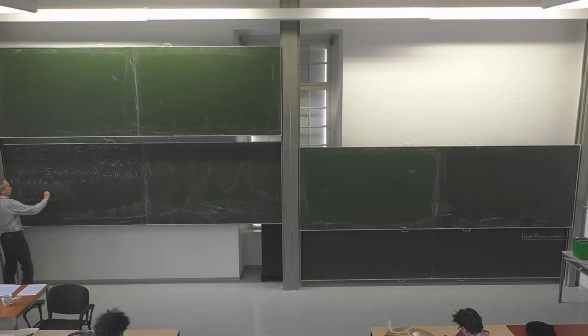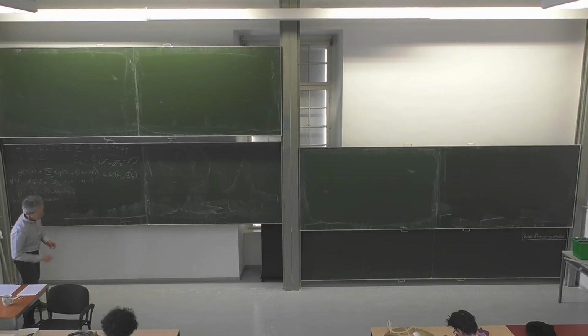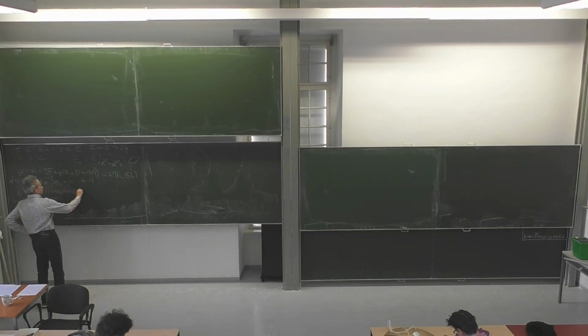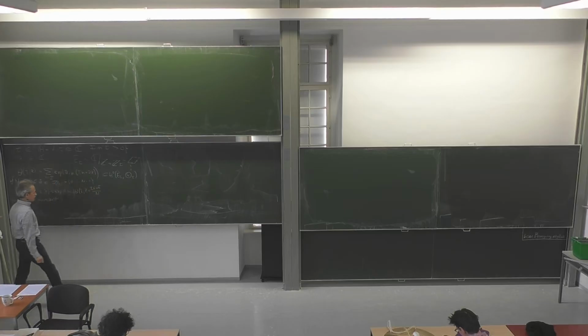Tau and z was by definition some exponential factor, which is nice, times the value of the theta function shifted by this. Tau's don't really look so good, but hopefully you'll forgive me. And as an exercise, I can tell you what this really is.